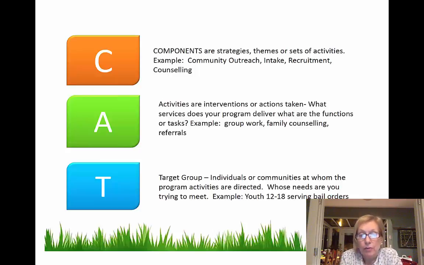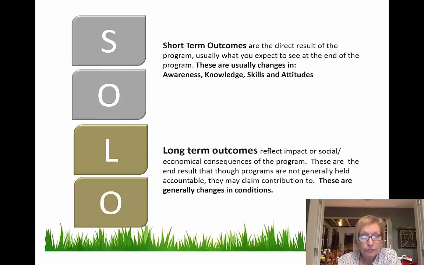And the target group are the individuals or the communities at whom the program activities are directed. Whose needs are you trying to meet? So for example, it could be youth aged 12 to 18 serving bail orders. It could be mothers and infants of at-risk families. SOLO, short-term outcomes are the direct result of the program, and it's usually what you expect to see at the end of the program, and they usually are changes in awareness, knowledge, skills, and attitudes.